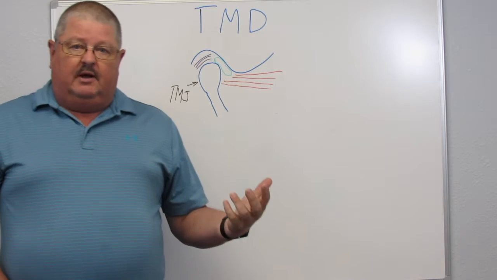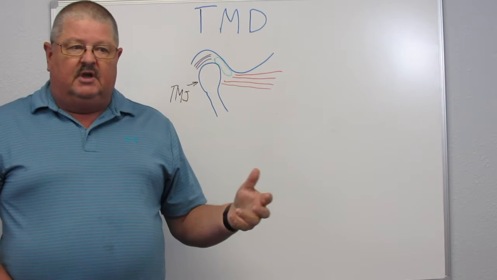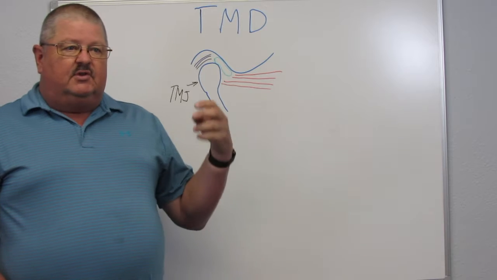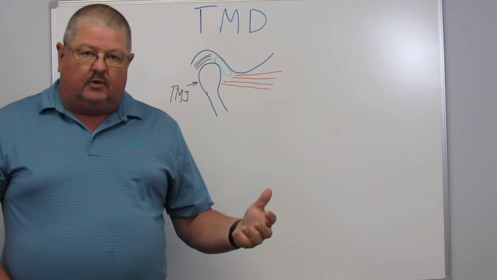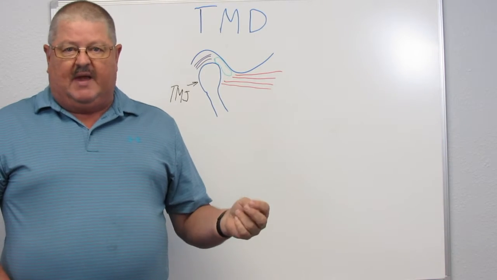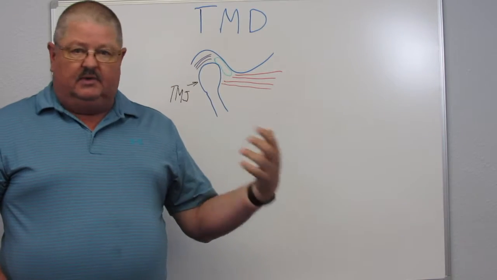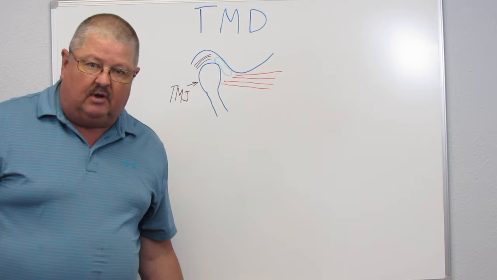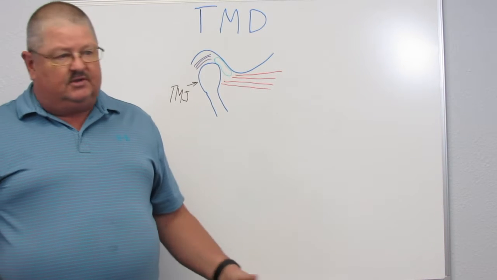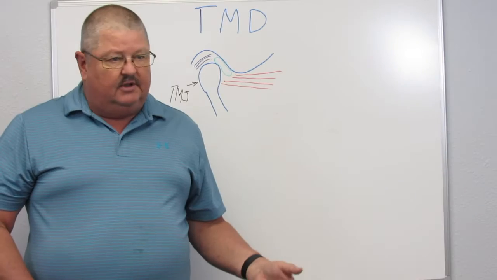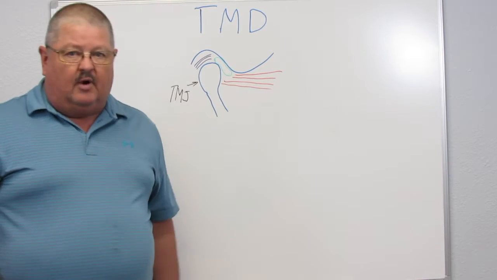Where this becomes part of the symptoms of TMD is the muscles that are controlling this joint. If they are working overtime, they go into spasm, and when they go into spasm, it's a Charlie horse, just like a Charlie horse in your leg. You know when you get a cramp when you're running, it hurts like the dickens, and you're reaching down and rubbing it out.